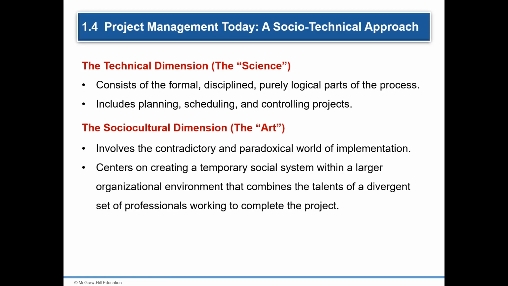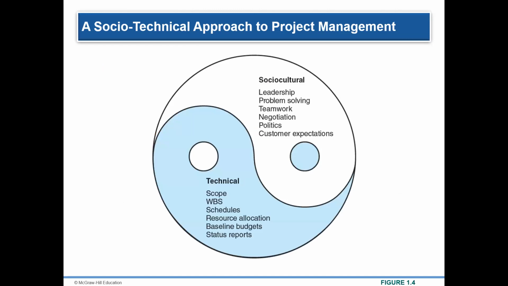So a lot of times when we look at the science of the project, I call it the yin and the yang, okay? So individuals who are from the Orient, from East Asia, are probably familiar with what a yin and yang is, okay? Yin yang. So one side to make project management successful is you need social cultural dimensions.